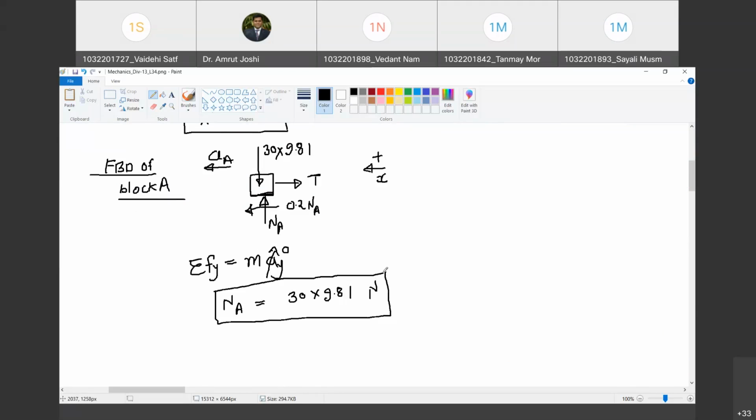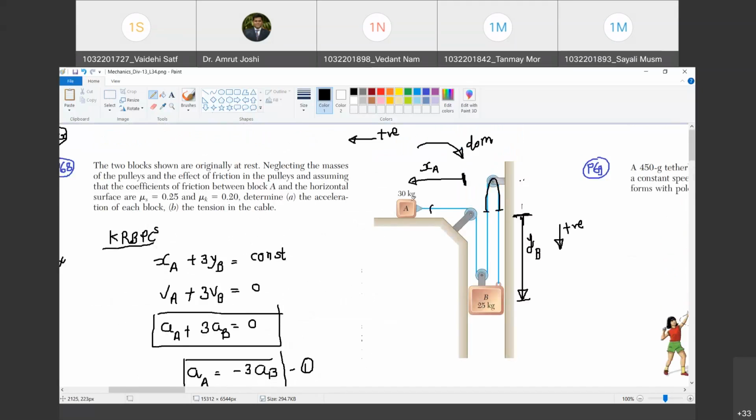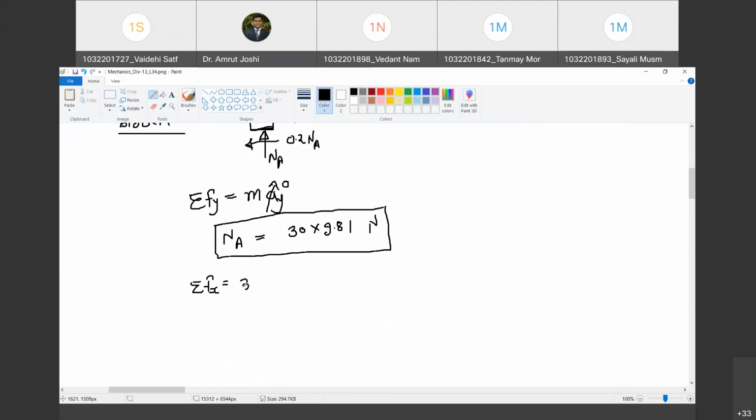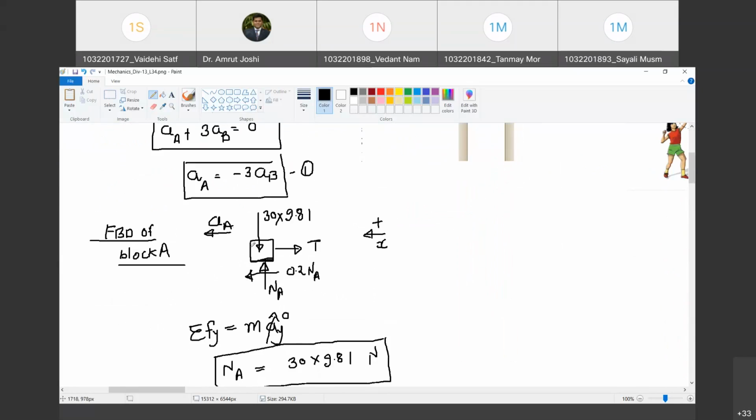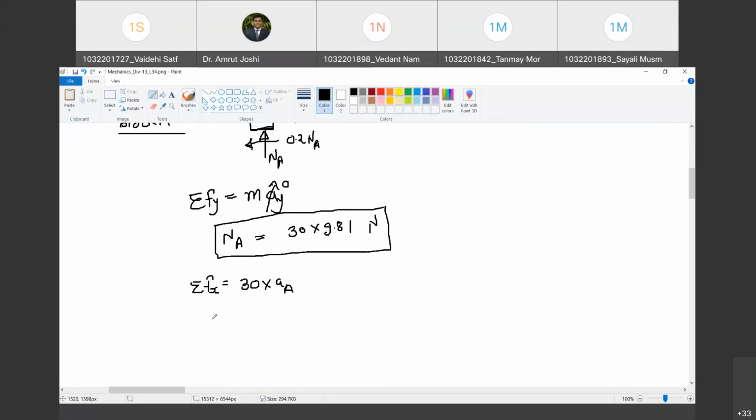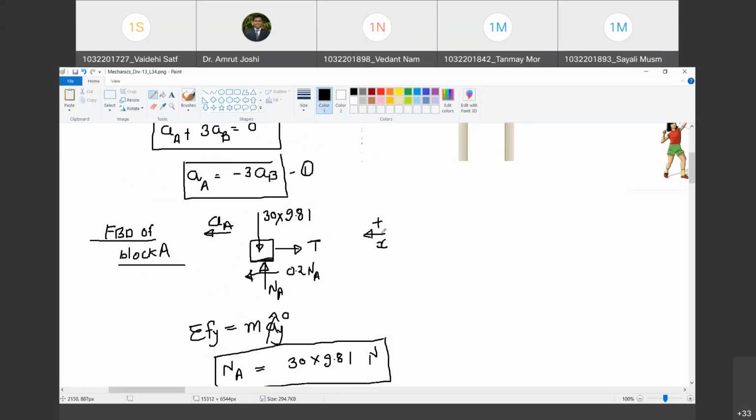If this is so, let me now apply summation Fx equal to the mass of the block. What is the mass of block A? 30 kg, into Ax. I will write this Ax as positive because I have considered it in the positive x direction. 30 times AA. Now summation Fx will involve 0.2 times Na, which is positive because it is towards left, and towards left is positive.